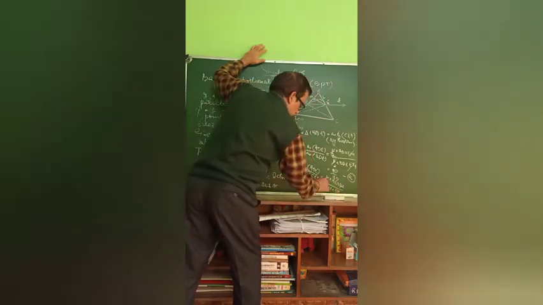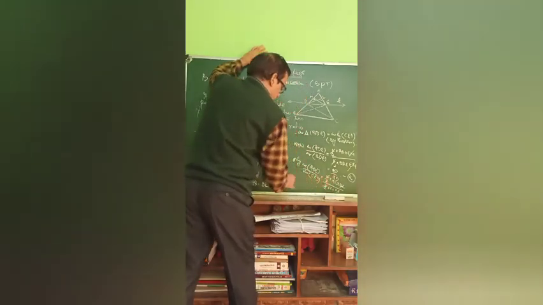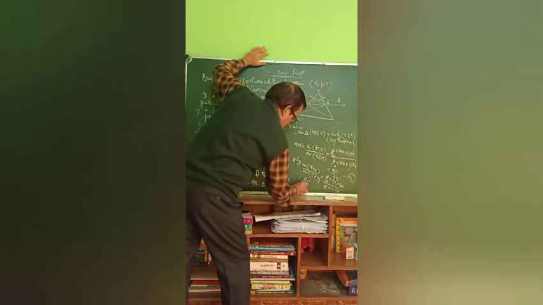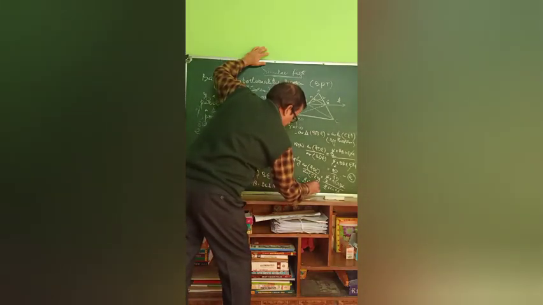This DL gets cancelled, this half gets cancelled. This is equal to AE upon EC. This is B.